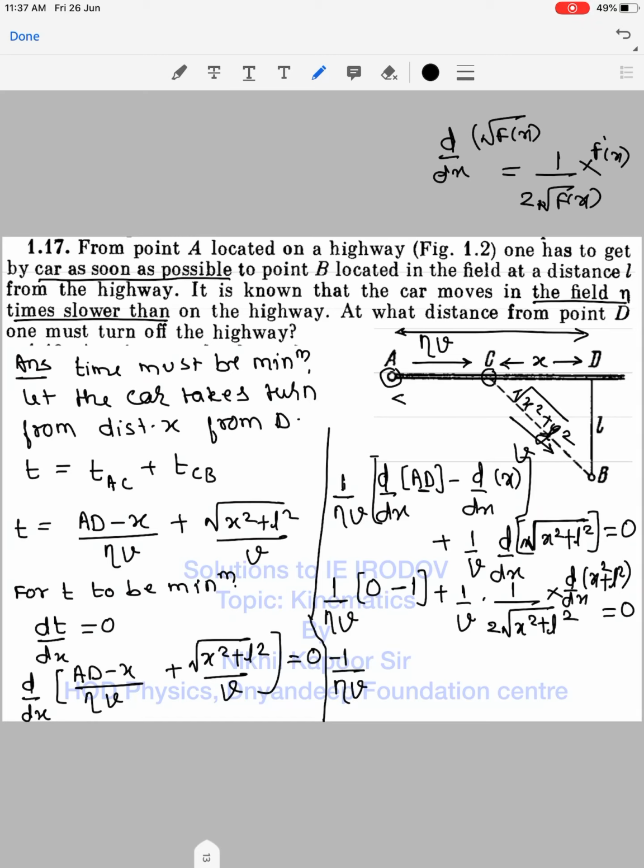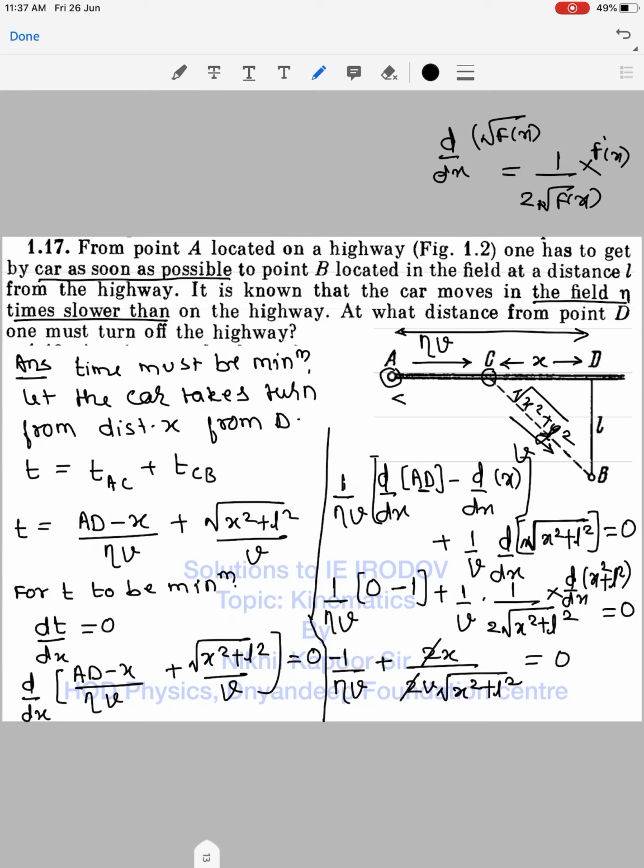So 1 upon eta v, this is minus, plus. Now I will differentiate the numerator. So derivative of x square will be 2x and L will be 0, divided by 2v under root x square plus L square equal to 0.